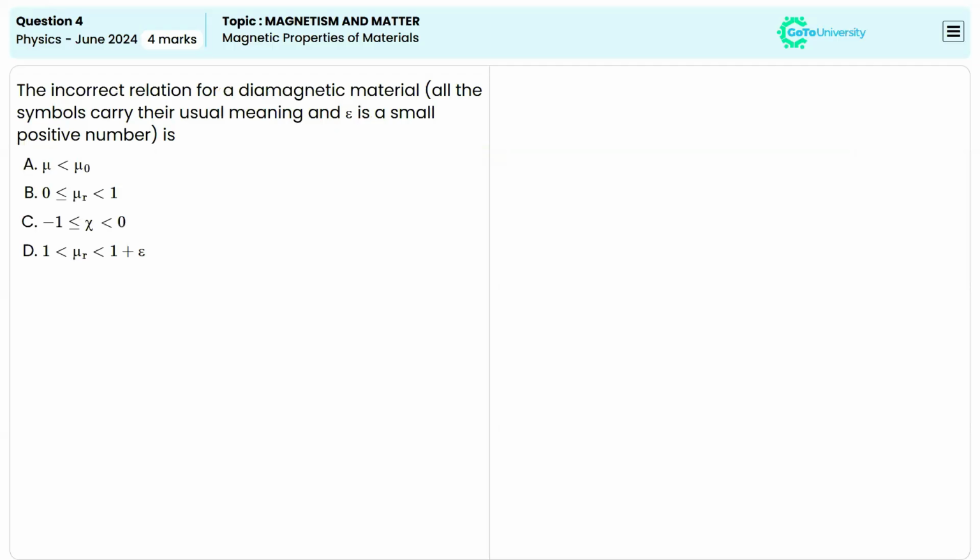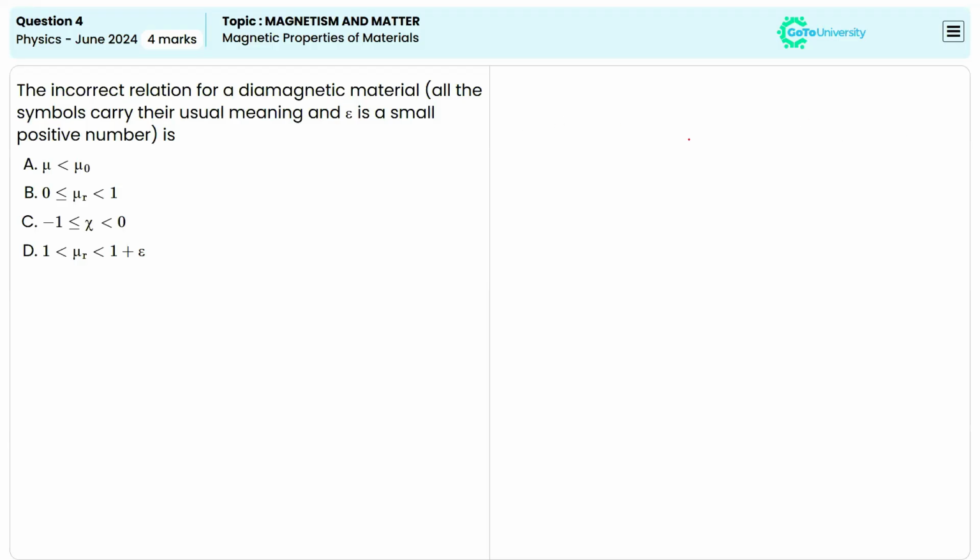Here you have to show the relation between the susceptibility or permeability for a diamagnetic material. It's given that the incorrect relation for a diamagnetic material is shown here. Select that one. Okay, so it's known that diamagnetic materials have a negative magnetic susceptibility.